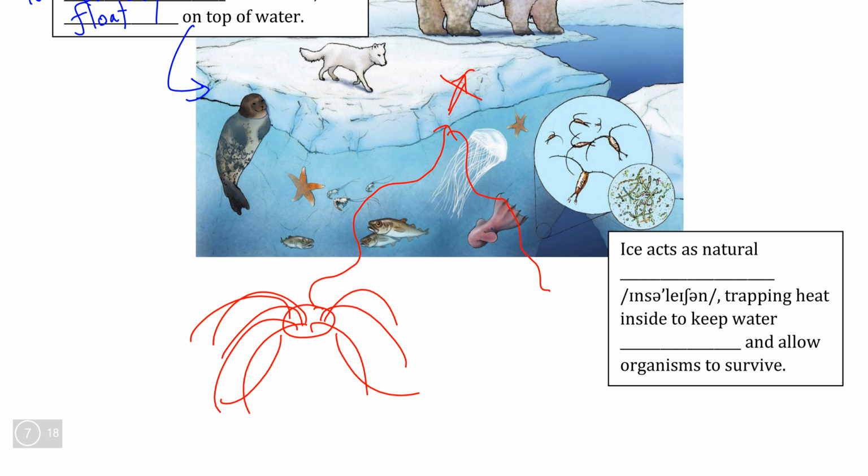It's actually reflected back down into the water, and it's the idea that ice is acting as a natural insulator in order to keep the heat trapped inside the water, and because this heat cannot escape past the ice, it causes the water underneath to stay liquid and allows our fish here to stay alive, as opposed to having frozen to death.